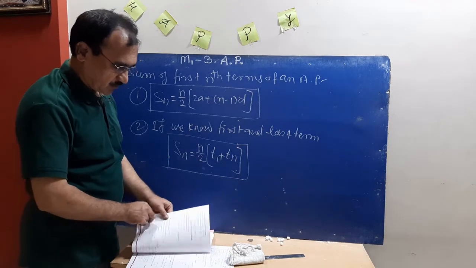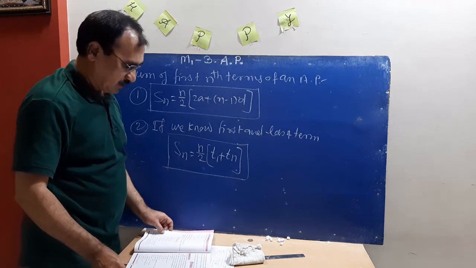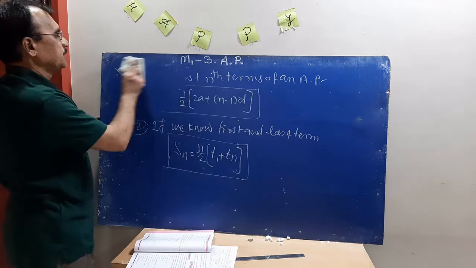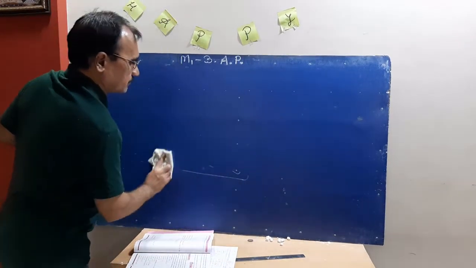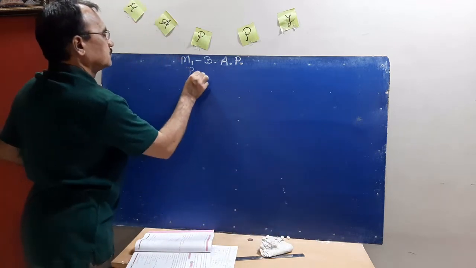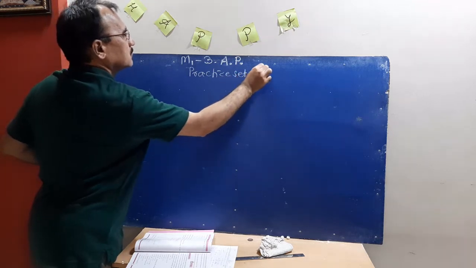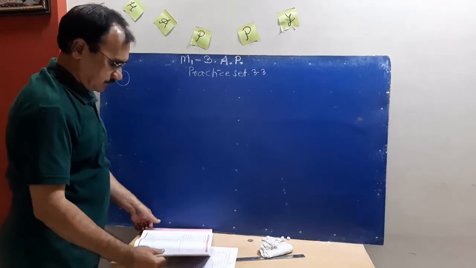And then we are going to see the next practice set. Which one? 3.3. Write down these two formulae. Practice set 3.3, example number 1.